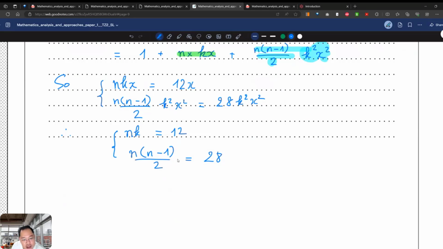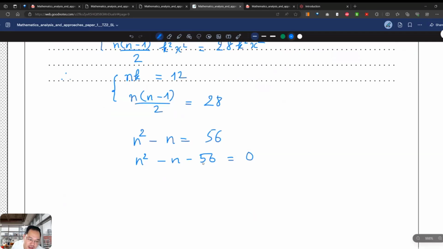So from the second equation here, it does not involve k, so we can solve it very simply. n squared minus n equals 28 times 2, meaning 56. Moving the term 56 to the left side, we have a quadratic equation, n squared minus n minus 56 equals 0.